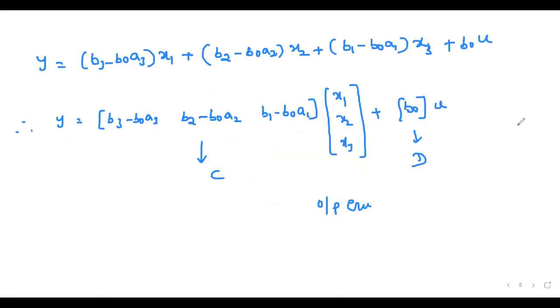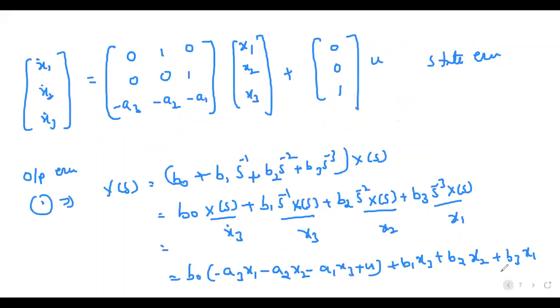Then next, come to the output equation y. Here, if you see directly, this equation looks very big, so we'll go before simplification. Before simplification, it is b naught x3 dot plus b1 x3 plus b2 x2 plus b3 x1.